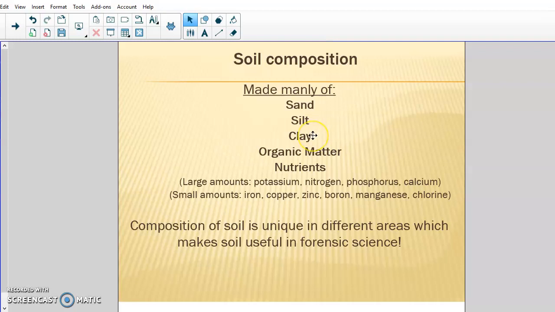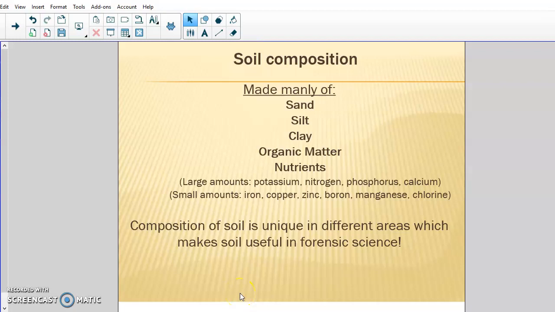And then clay, which is your really thick stuff, almost like a thick mud consistency. Silt, I would say, is closer to the really soft, fine stuff that you would find on the beach. And then organic matter, that's your really deep black stuff, almost like potting soil. And then your nutrients, things like potassium, nitrogen, phosphorus, calcium, iron, copper. Okay, that's what we're talking about there.